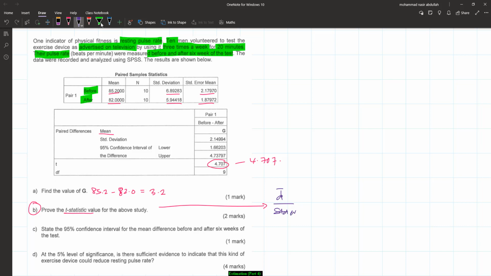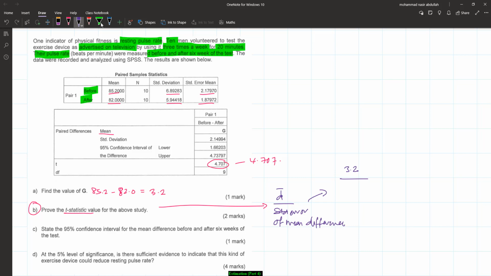Standard error of mean difference, right? So how to get this one? So mean difference is 3.2 divided by standard error of the difference.